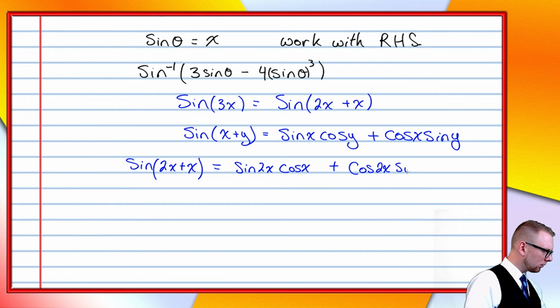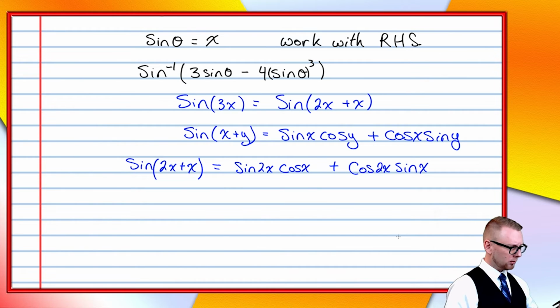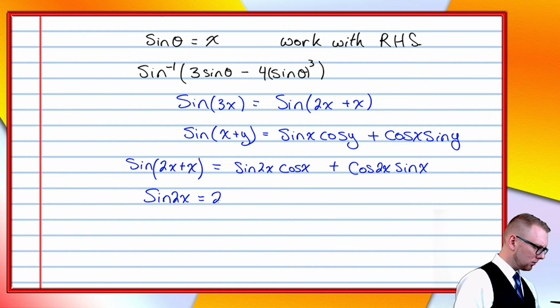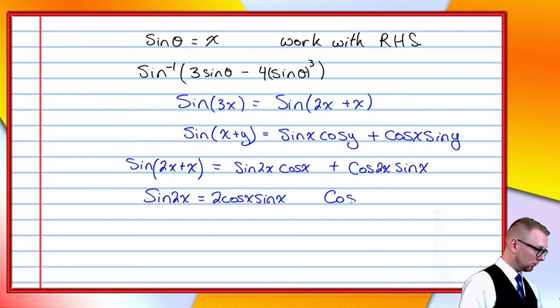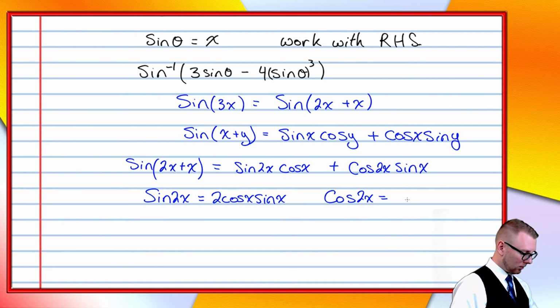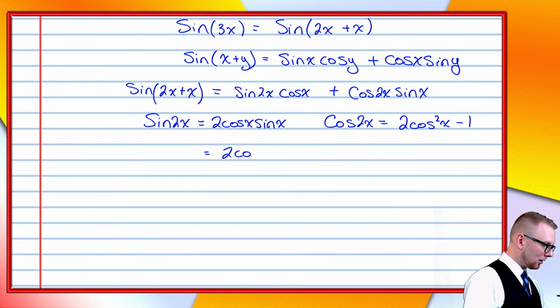sine x. Well, now we can use a couple other trig identities. Sine 2x is 2 cos x sine x. And cosine of 2x is equal to 2 cosine squared x minus 1. Our sine 2x cos x is going to become 2 cos x sine x, and then the original cos x.